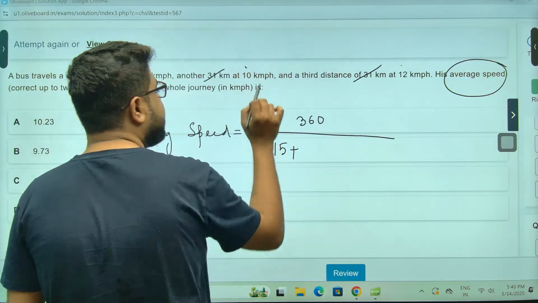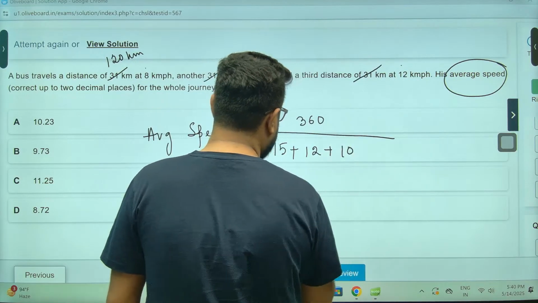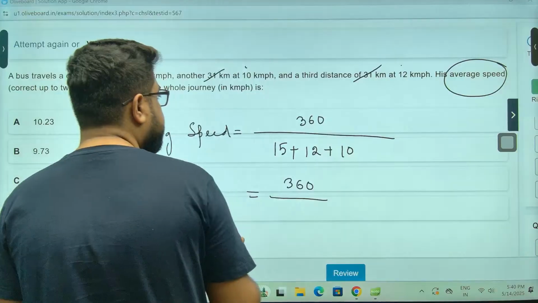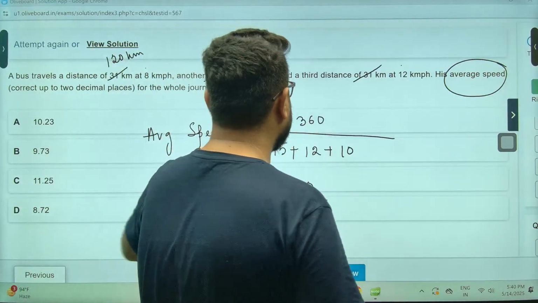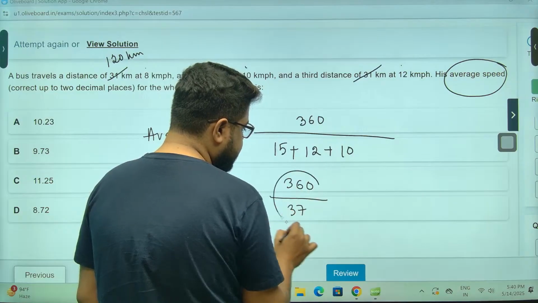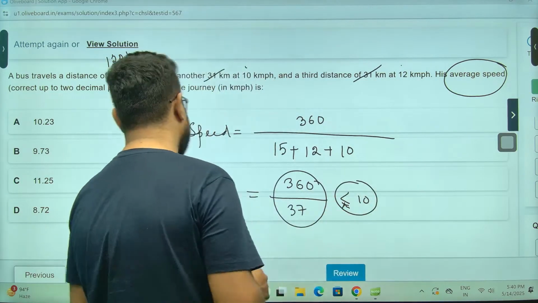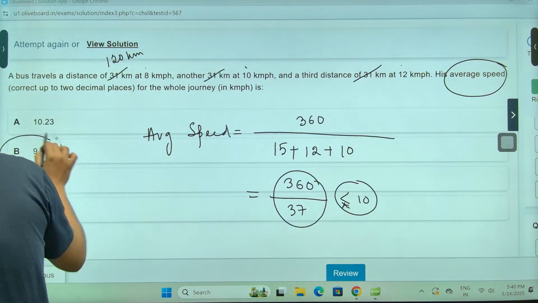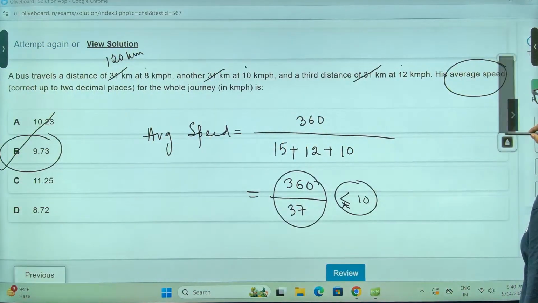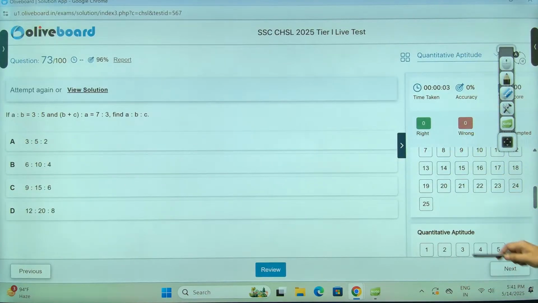Plus 120 by 10 means 12. 120 by 12 means 10. So 360 by 15 plus 12 plus 10. 15 and 12 is 27, plus 10 is 37. 360 by 37 means just less than 10. Just less than 10, it is 9.73. 9.73 is most definitely your correct answer. Very simple.